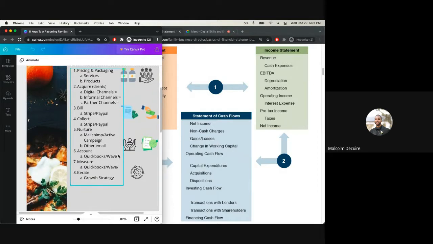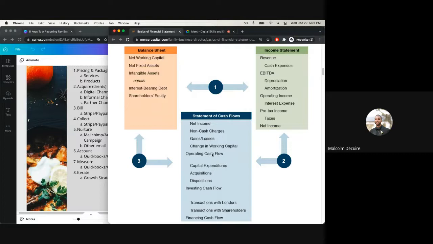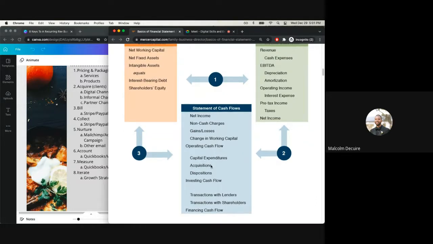Now we're going to the last 4 activities, starting off with nurturing and accounting. We discussed earlier that the statement of cash flows is an ongoing and living document, and it should account for every dollar that comes in and out of your business. So as you're nurturing and accounting for the audience that Satoshi has built, he's gonna have line items for how he acquired them.